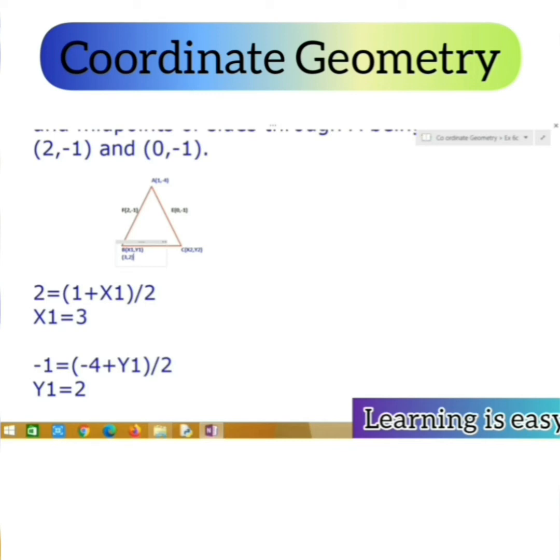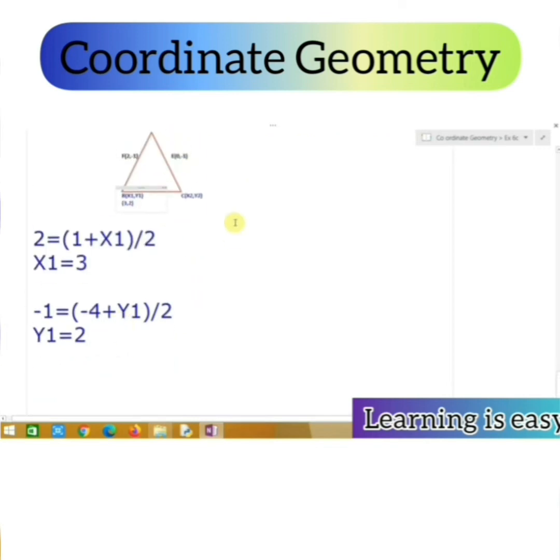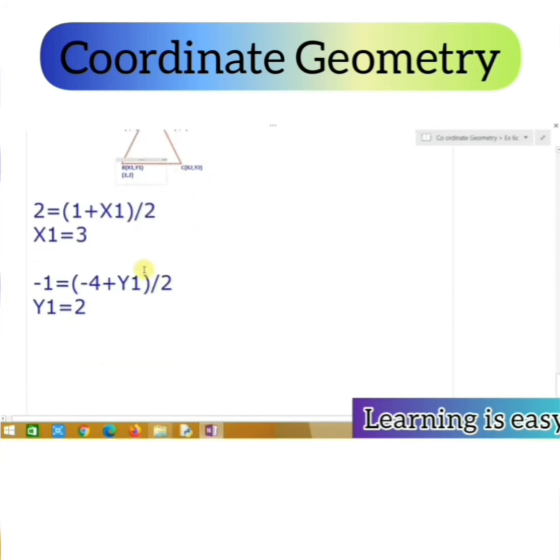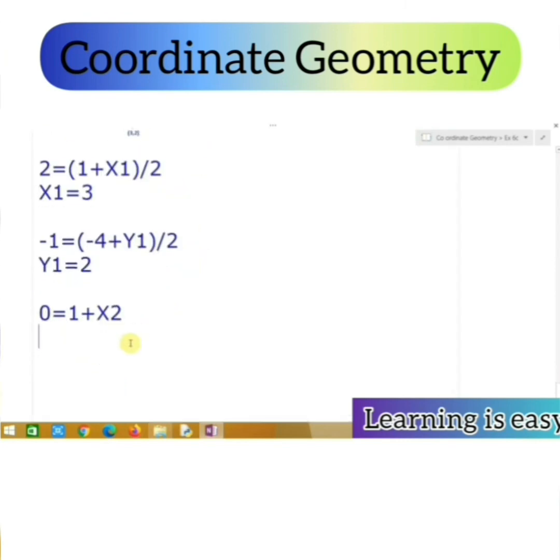In a very similar way, we can calculate the other coordinates, C, also with the midpoint formula, as we have the midpoints already. So 0 equal to (1 plus x2)/2. So x2 is minus 1.